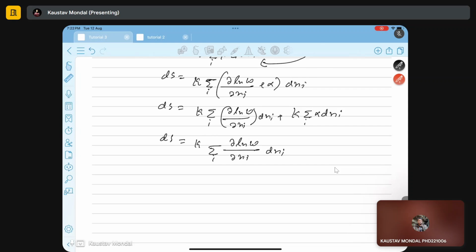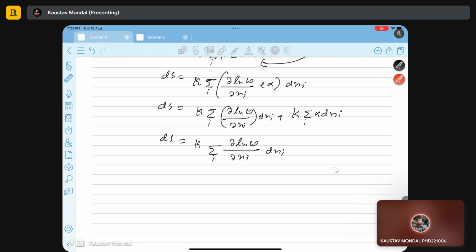Now, if you calculate the total change in the number of particles between each state and the other states, the total change becomes zero. If two particles go to the first state, then the first state gains two particles and the ground state loses two particles.